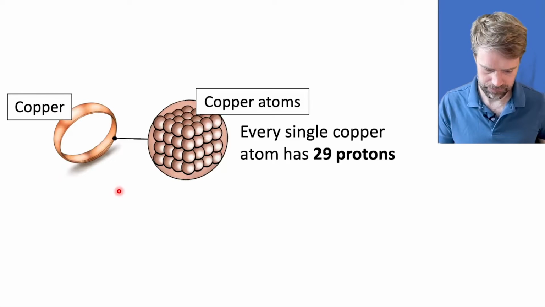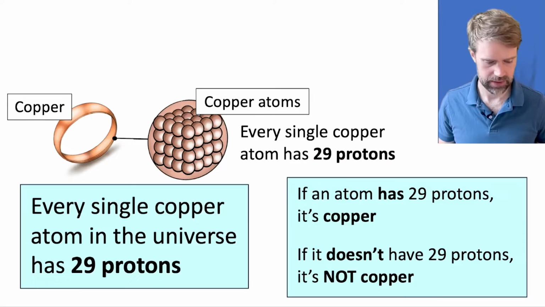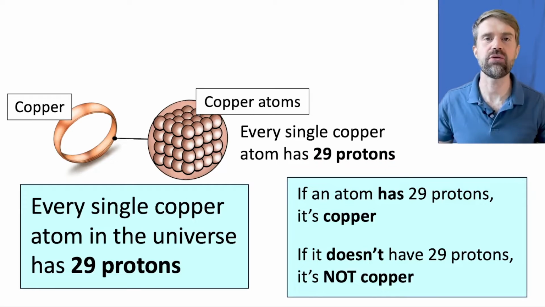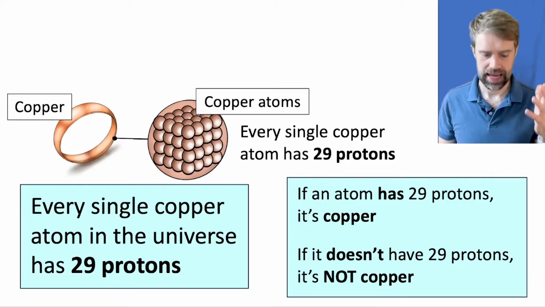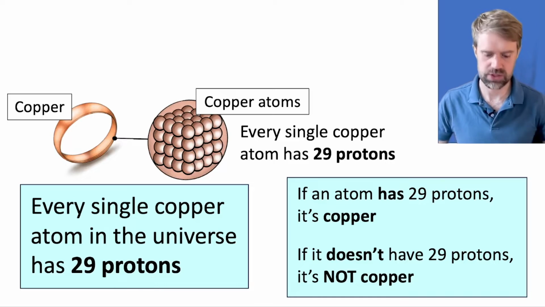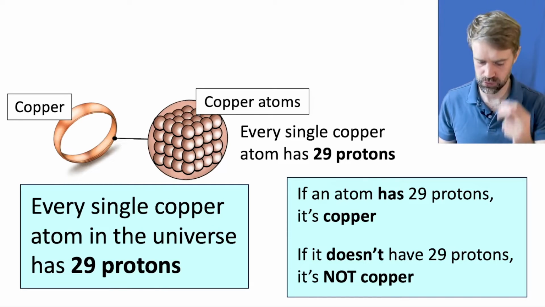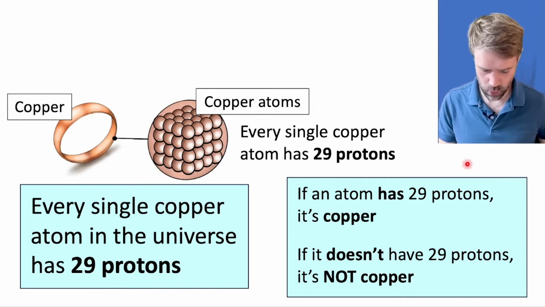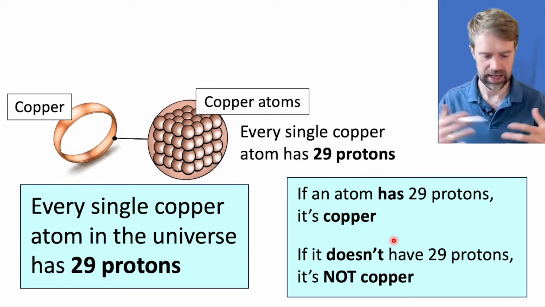Here's this copper ring. Every single one of these copper atoms has 29 protons in the nucleus. And in fact, every single copper atom in the universe has 29 protons in the nucleus. This is all you got to keep in mind. These 2 simple rules. If an atom has 29 protons in the nucleus, it's copper.